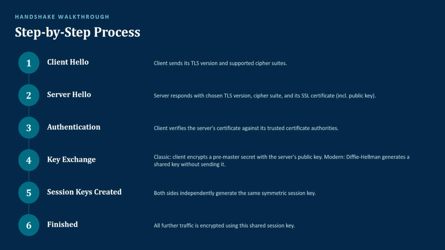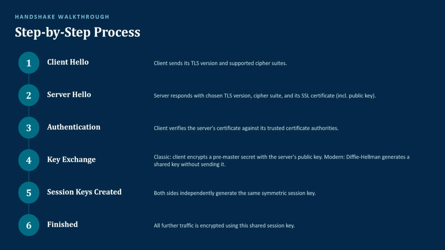This is a good benefit of using the HTTPS protocol. I also explained authentication and key exchange. The client encrypts a pre-master secret with the server public key. Modern TLS uses Diffie-Hellman to generate a shared secret without sending it.